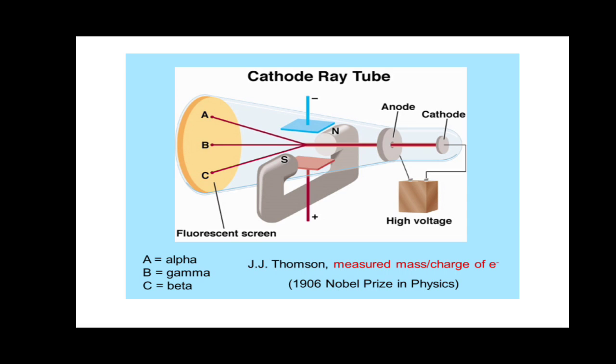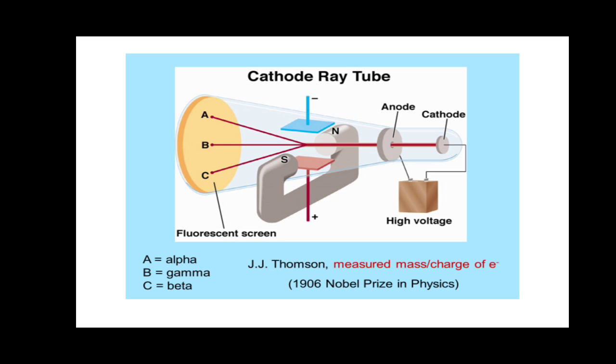There are two terminals. When Sir J.J. Thomson studied the discovery of electron, he studied cathode rays resulting from electrical discharges in highly thin gas.